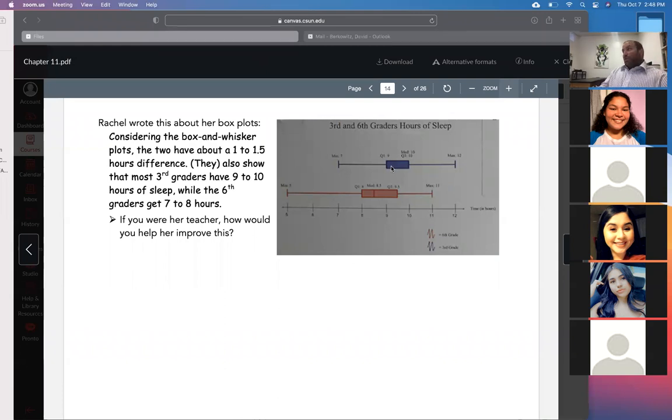Now multiply 1 by 1.5, what do you get? 1.5. If I add 1.5 to 10, I get 11.5. We certainly have an outlier here. And if I subtract 1.5 from 9, we get 7.5. We have an outlier here. But then again, outliers weren't really in the curriculum for this particular section.